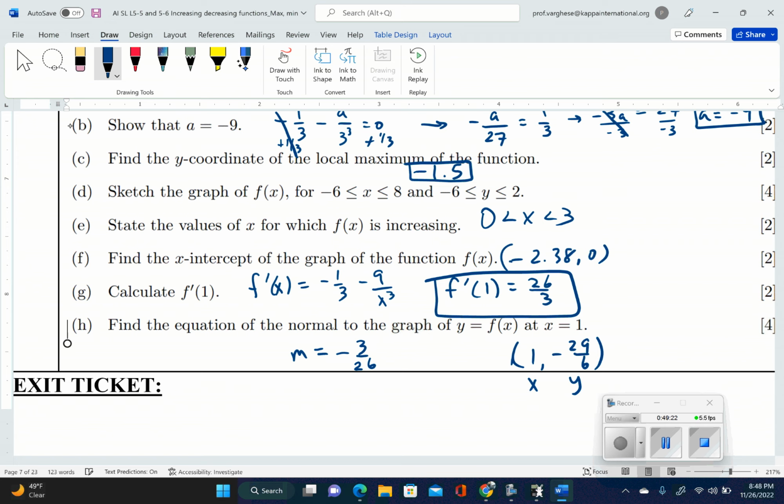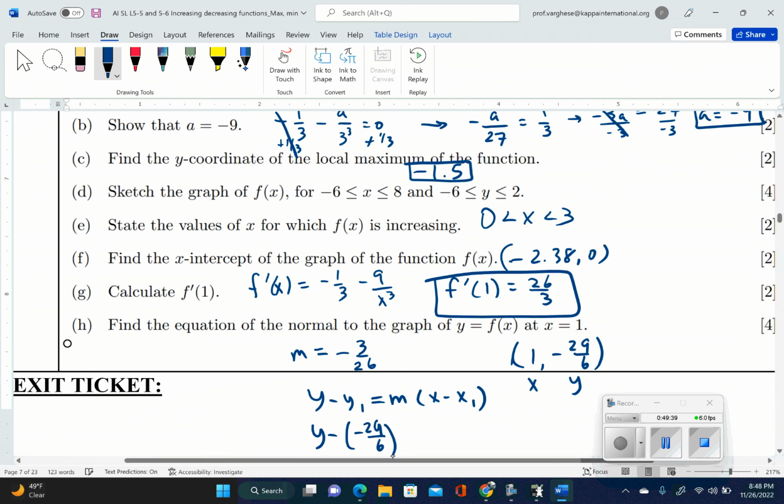And last but not least, I'm going to go ahead and put these two together. So we have y minus y1 is equal to m parentheses x minus x1. So y minus my y1, which is right here, -29 over 6, is equal to m, which is -3 over 26, parentheses x minus, and my x1 is 1, right?